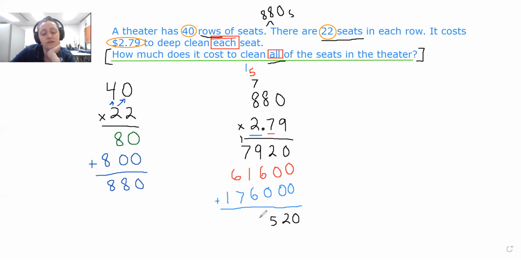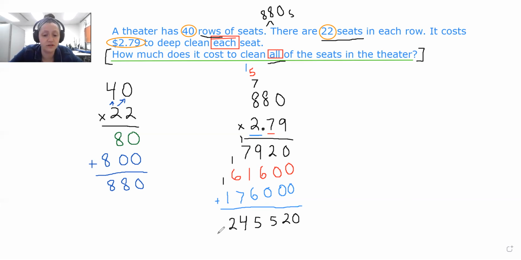Plus a 6 is going to give me 15. 6 plus 7 is going to give me 13. Plus 1 is 14. Got to carry that 1. 1 plus 1 is 2. Okay, so right here I have the number 245,520. But I'm not done yet because I still have to place my decimal point.